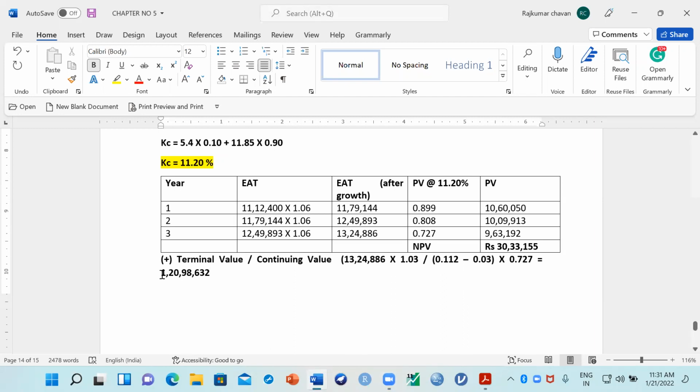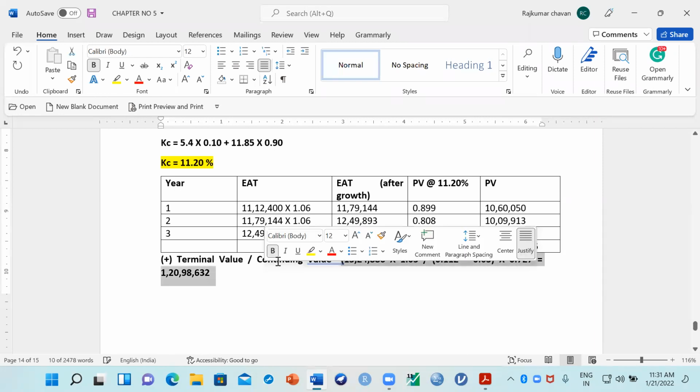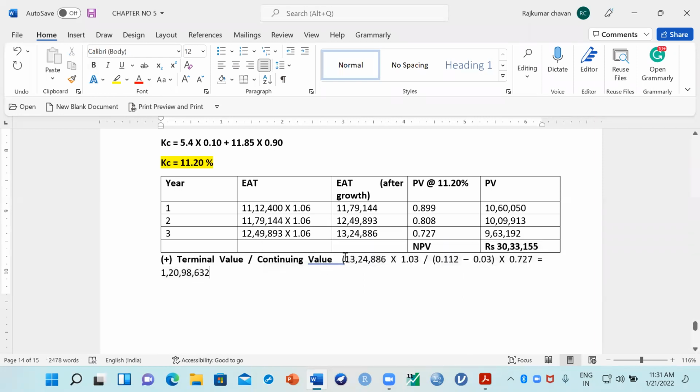Okay, that 0.727, and if you multiply it here, there will be some difference. Okay, 1 crore 20 lakhs 98,000. Most of the people are getting somewhere around the value of 1 crore 20 lakhs. Is it correct?